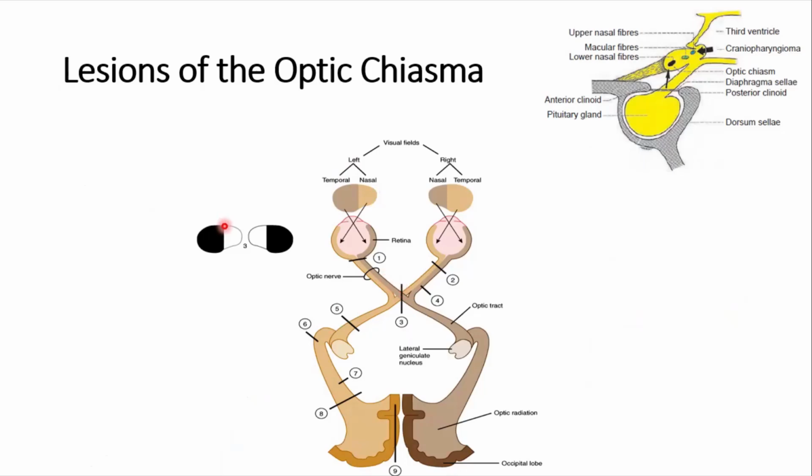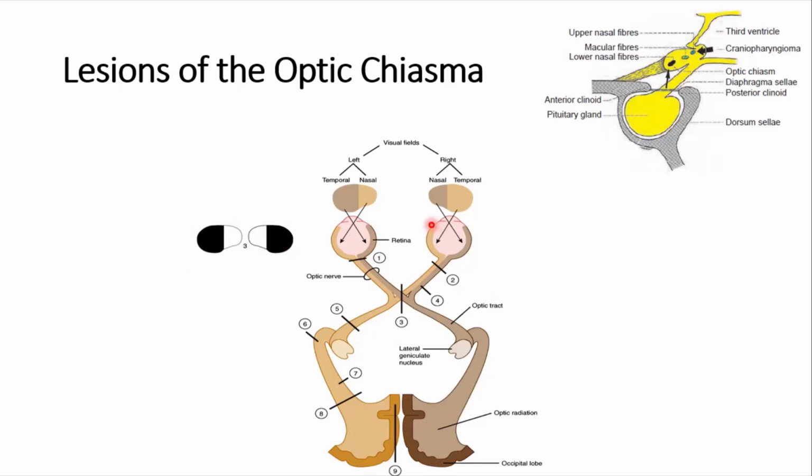So we have a sort of vertical meridian that gets respected there. So we have a bitemporal hemianopia. Here we can see the number 3 point is getting cut, which corresponds to the nasal retina of the left eye and also the nasal retina from the right eye, which corresponds to this bitemporal hemianopic field defect.